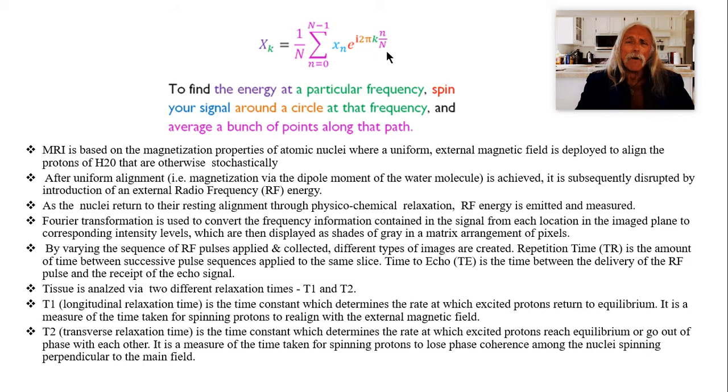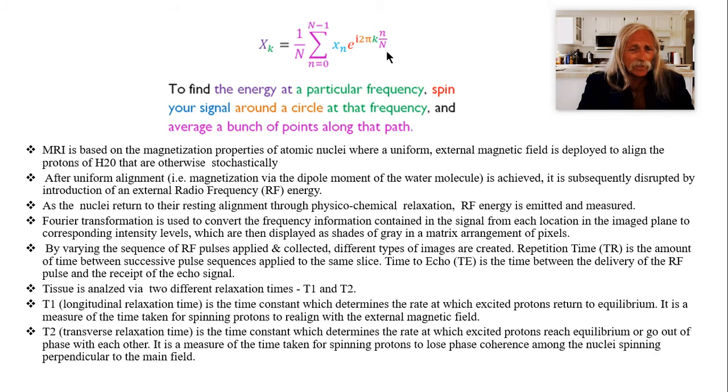And that's what the MRI is sending out to be run through a Fourier transform, which I just explained to you there really quickly. And then ultimately you get those images, you see. As the nuclei return to the resting alignment through physical chemical relaxation, RF energy is emitted and measured, as I said.